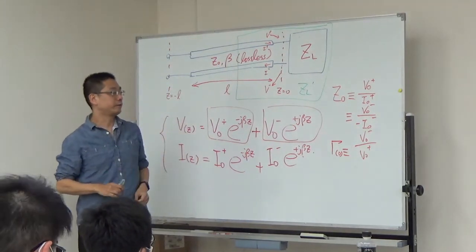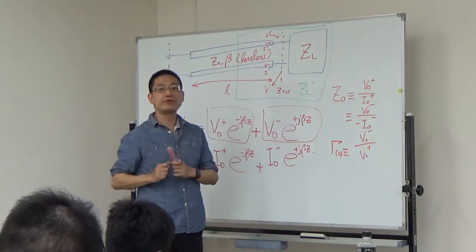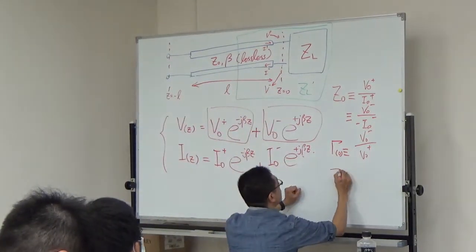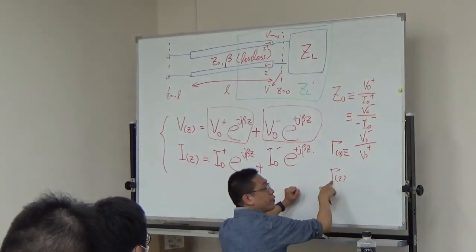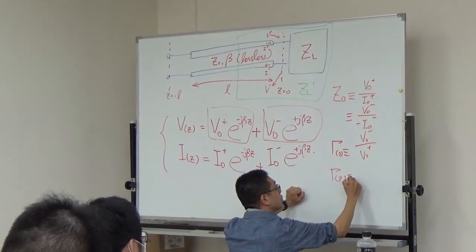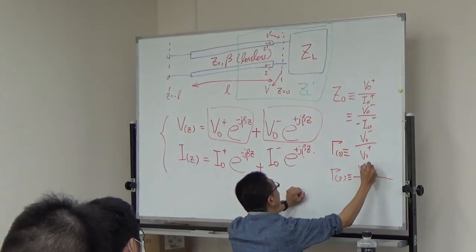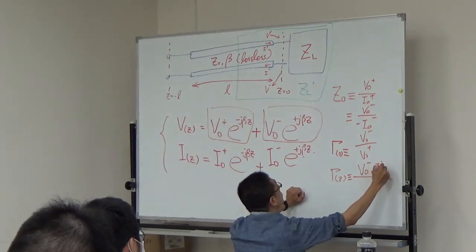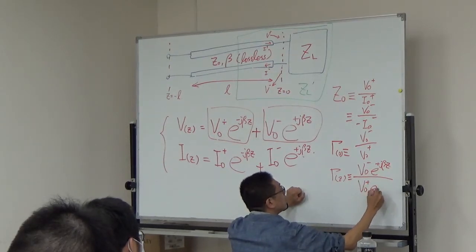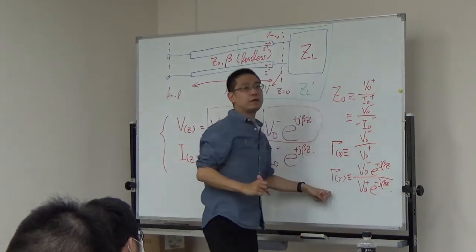We define the general reflection coefficient gamma as a function of Z equals the whole voltage over the whole current.